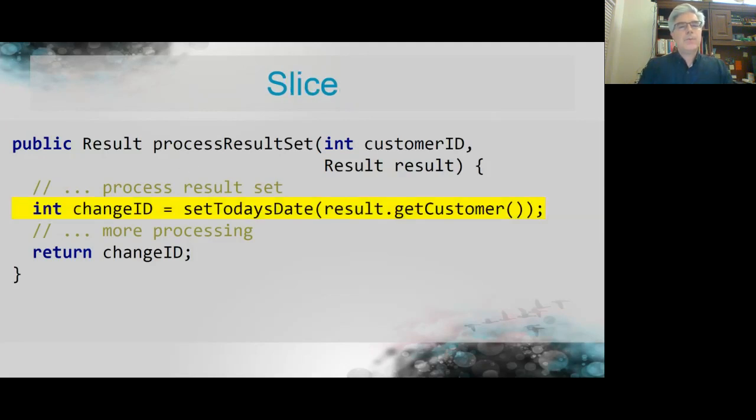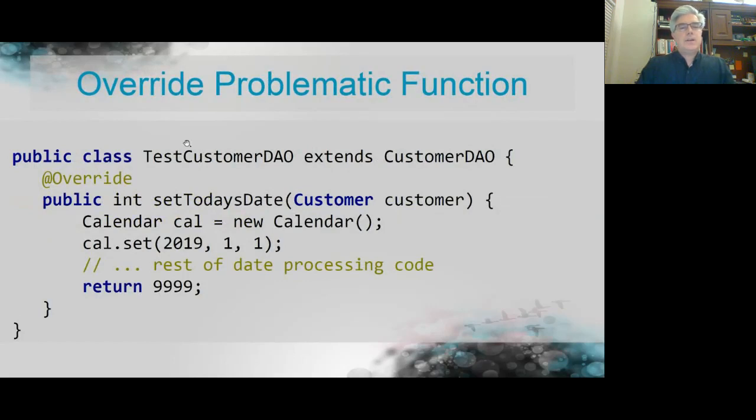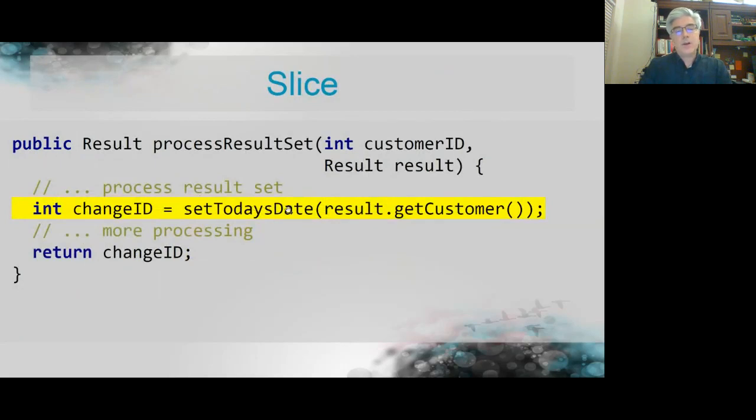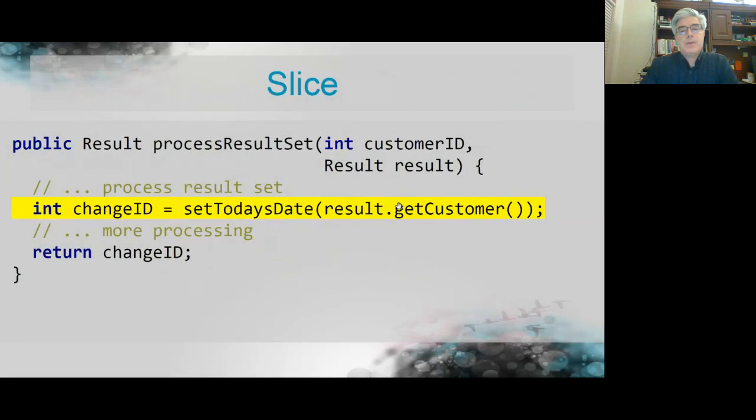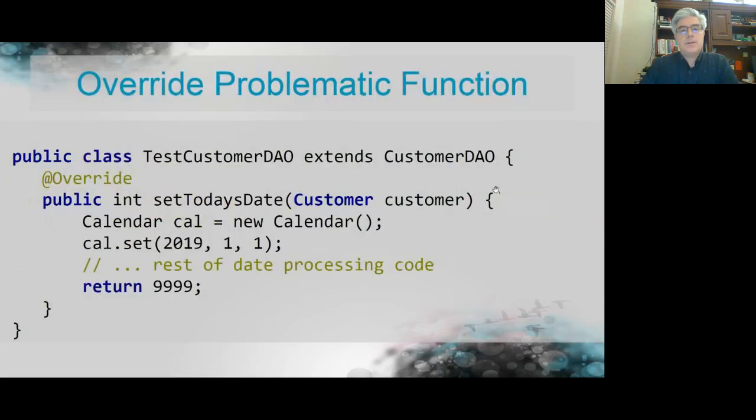So what I will do is I will create in my test DAO, I will extend it and I will override the method for set today's date. So I'll create a test customer DAO that extends the customer DAO. This will override the set today's date function here that we're calling, and it'll pass in the same customer data.